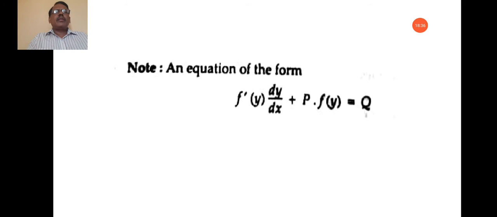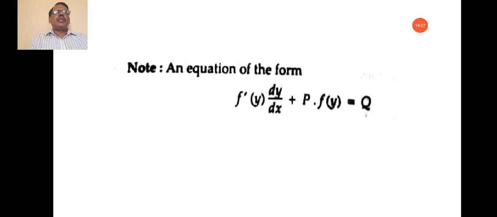So an equation of the form f dash of y into dy by dx plus p into f of y is equal to q is a differential equation which can be reduced into a linear differential equation by a suitable substitution. This is a third type of equation which can be reduced to a linear differential equation by a suitable substitution.